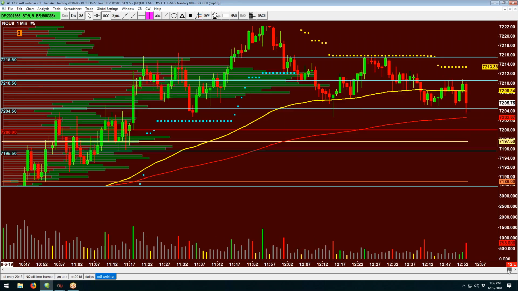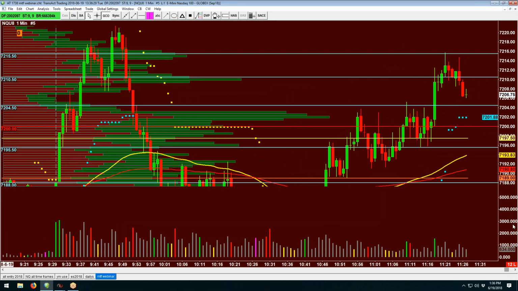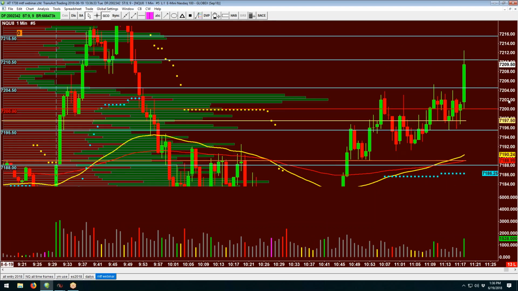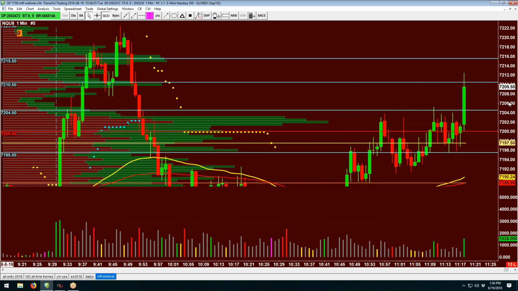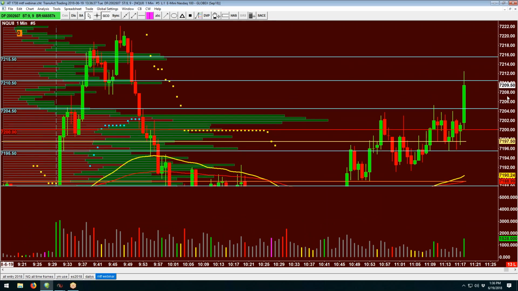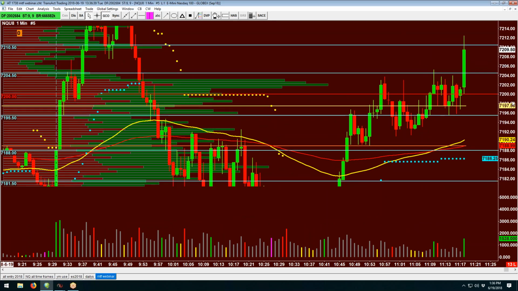So this morning, looking at this on the 1 minute chart, we have all of our areas of support and resistance marked. So we don't really know if they're going to hold, obviously, until price comes to that area the first time around and tests it to see if it can hold or not.